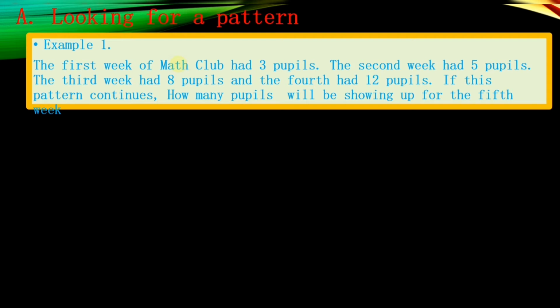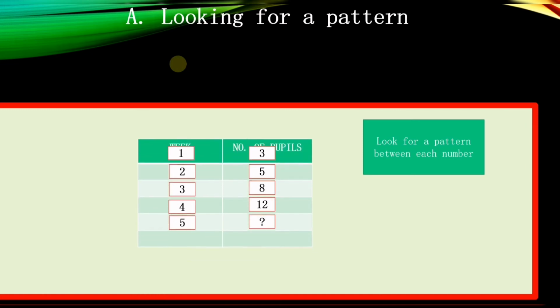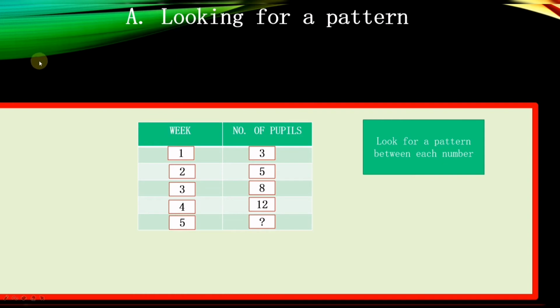If this pattern continues, how many pupils will be showing up for the fifth week? Let us analyze the pattern. So we have here the week and the number of pupils. So week 1, 2, 3, 4, and 5, and the number of pupils, which is 3, 5, 8, 12, and the unknown.